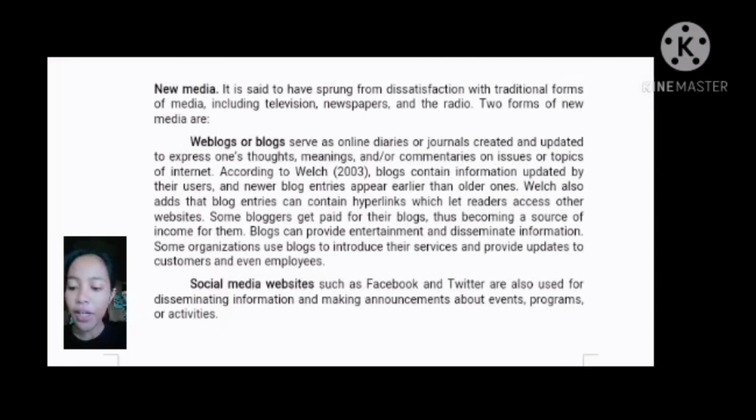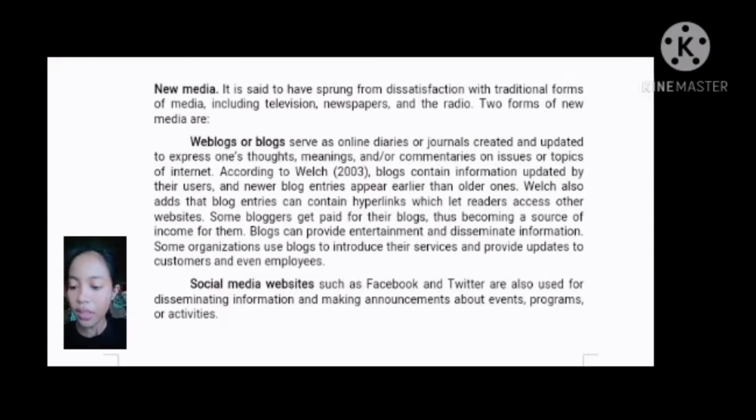Blogs can provide entertainment and disseminate information. Some organizations use blogs to introduce their services and provide updates to customers and even employees.